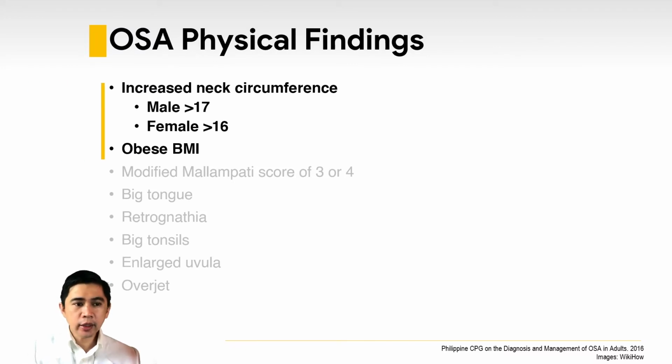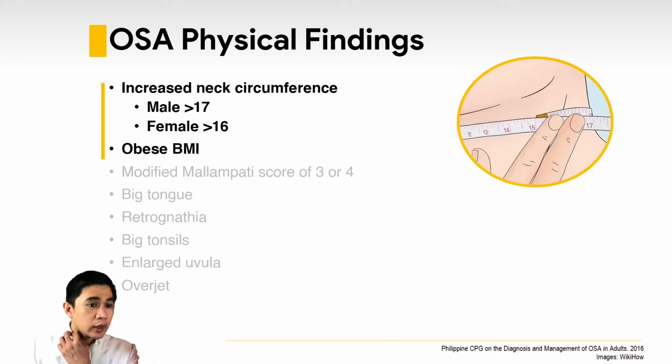First is an increased neck circumference. So those males with greater than 17 inches neck circumference usually will have a risk for OSA, and 16 inches for females. And those also of obese category on their BMI.